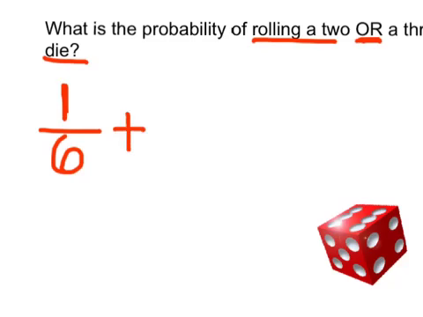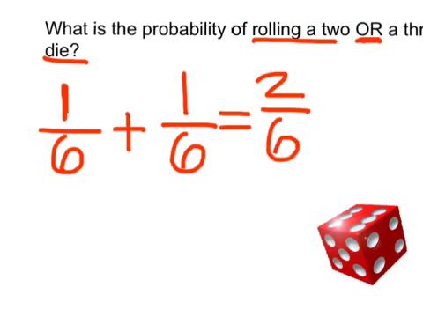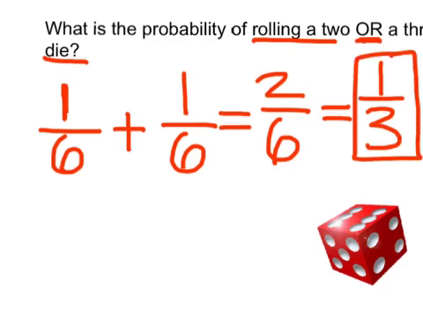We're going to add that to the number of ways we can get a 3 over the outcomes. And again, there's only one 3 on the die, and there's 6 outcomes, right. So that's 2 over 6, and we can reduce that to what? 1/3. Reduce that to 1/3. So that should be your final answer right there. 1 in 3 chance of getting a 2 or a 3.